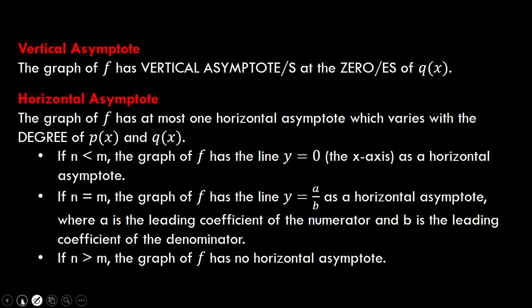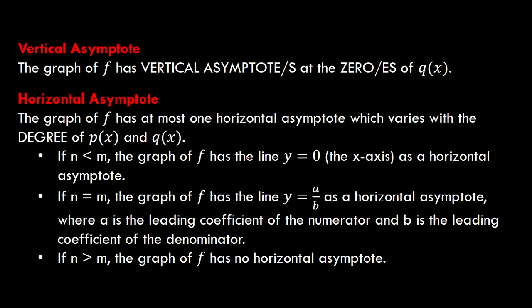For the horizontal asymptote, we have three cases, which have something to do with the degree of the polynomial of the numerator and the denominator. Given that the degree of the numerator is less than the degree of the denominator, the graph of the function has the line y equals 0 as the horizontal asymptote.